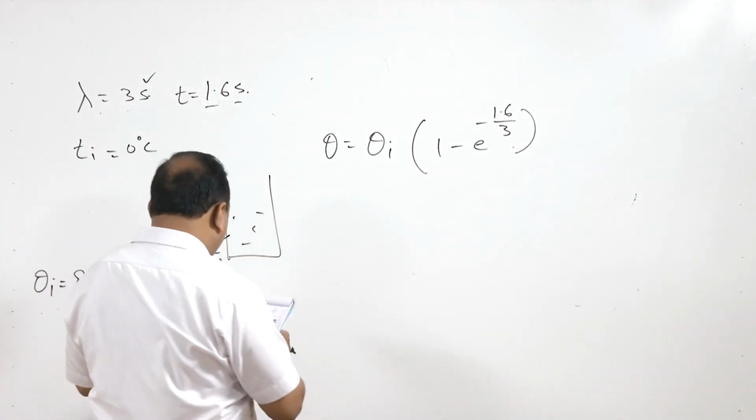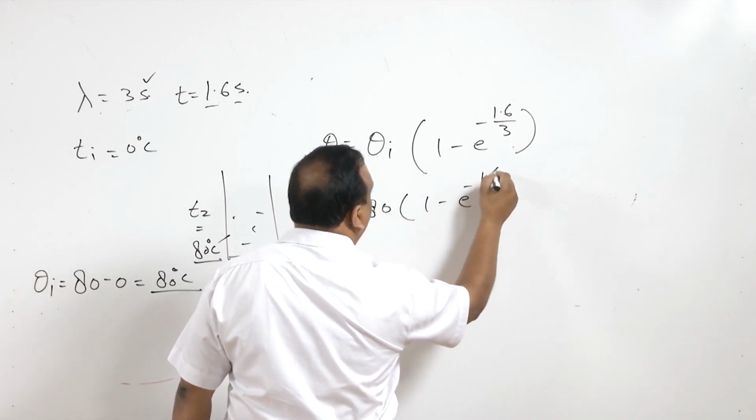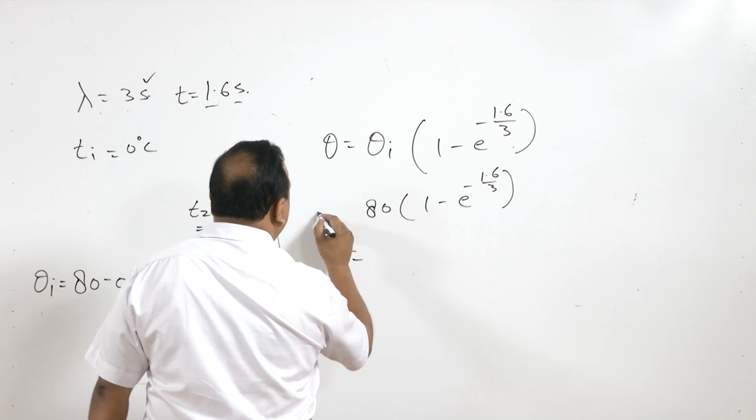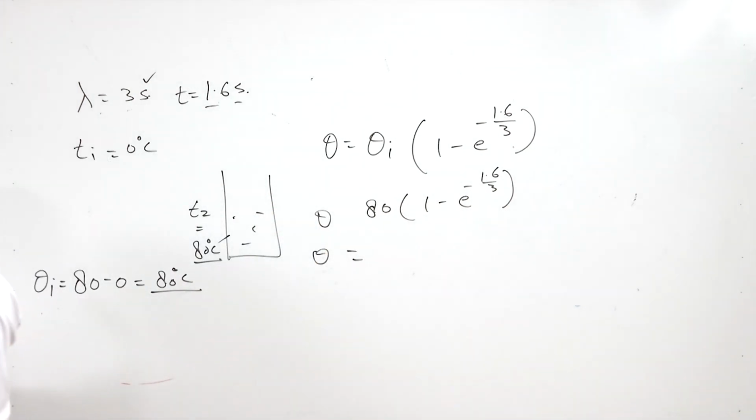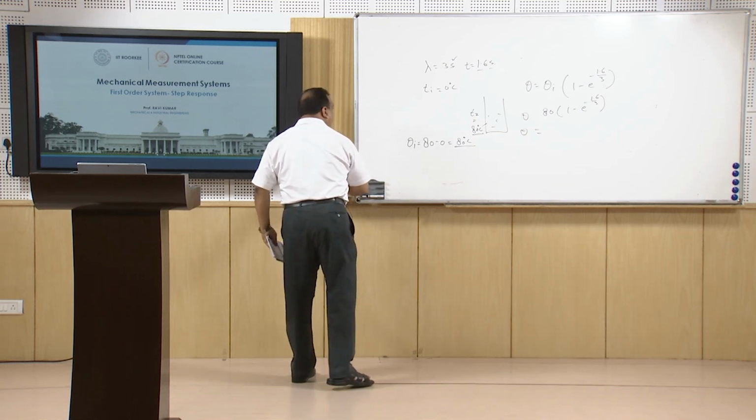Now theta I is 80, so theta is 80 times 1 minus e raised to power minus 1.6 divided by 3. If we take this value, theta is going to be 33.1 degree centigrade.